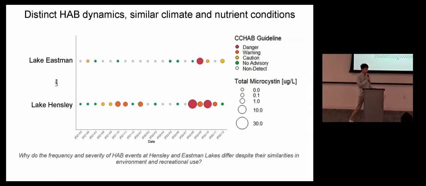Each circle represents the max toxin found during the month at each lake. The color represents the CCHAB toxin level, and the size represents the toxin concentration. We can clearly see that both lakes have toxin detections, but Lake Hensley clearly has more frequent and larger toxin detections.